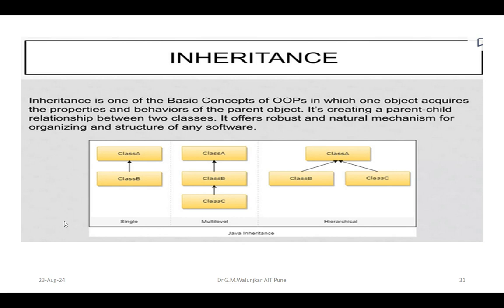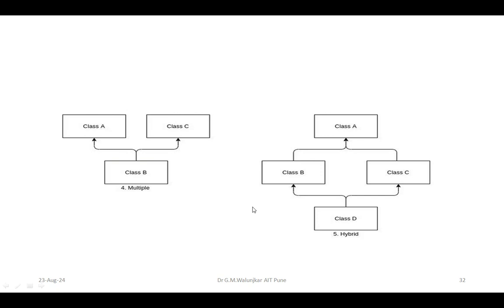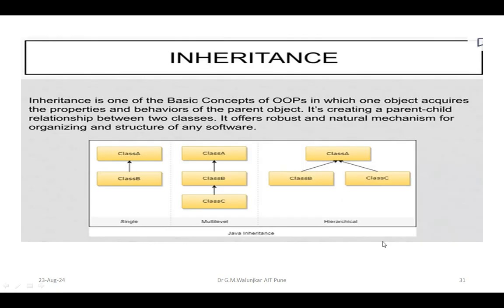When we are talking about inheritance, there are different types: single inheritance, multi-level inheritance, hierarchical inheritance, multiple inheritance, and hybrid inheritance. In single inheritance, class B is inherited from class A. That is a direct inheritance from the parent to the child. In multi-level, you have the grandparent class, the parent class, and the child class, so properties are derived in sequence from the grandparent to the parent to the child class.